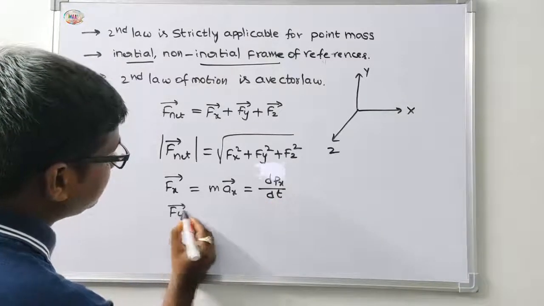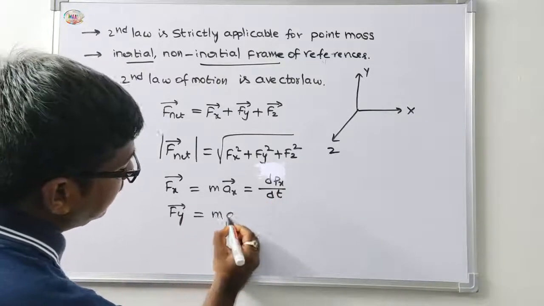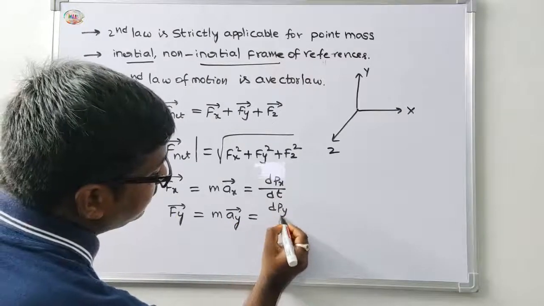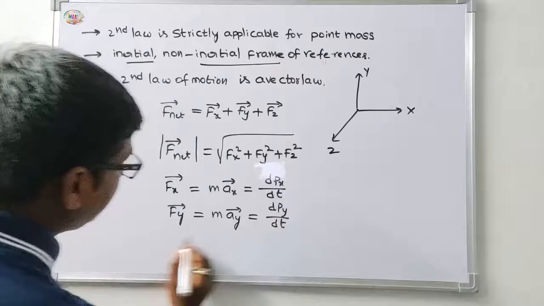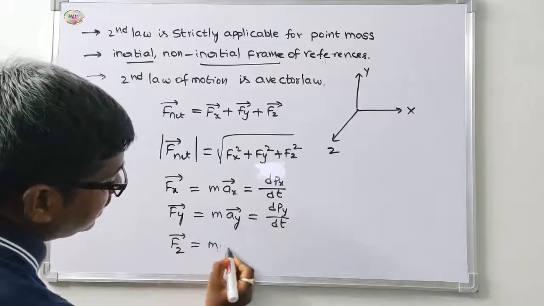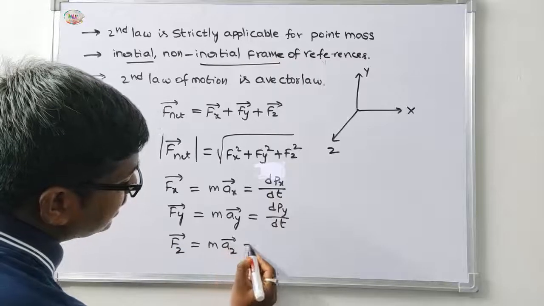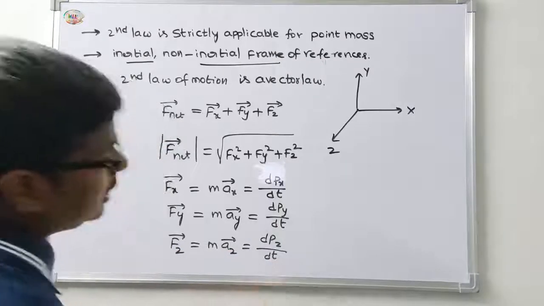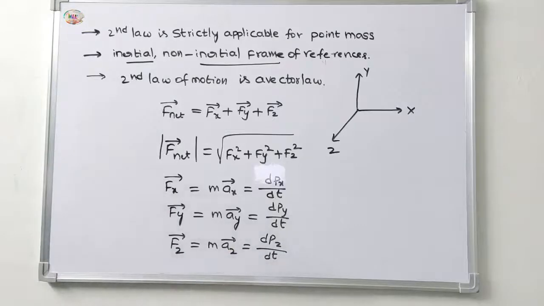Fy is equal to may, which is equal to dpy by dt. Fz is equal to maz, which is equal to dpz by dt.